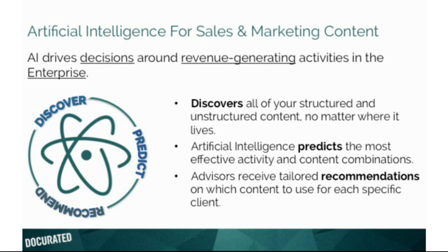As you're making investments in this type of sales and marketing technology, you want to look for something that can discover all of your structured and unstructured content, no matter where it lives. Then machine learning that predicts the most effective activity and content combinations so that your advisors and salespeople receive tailored recommendations on which content to use for each specific client.